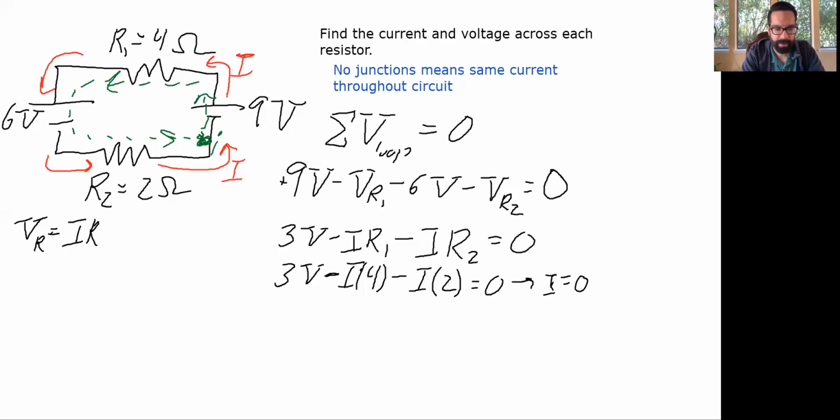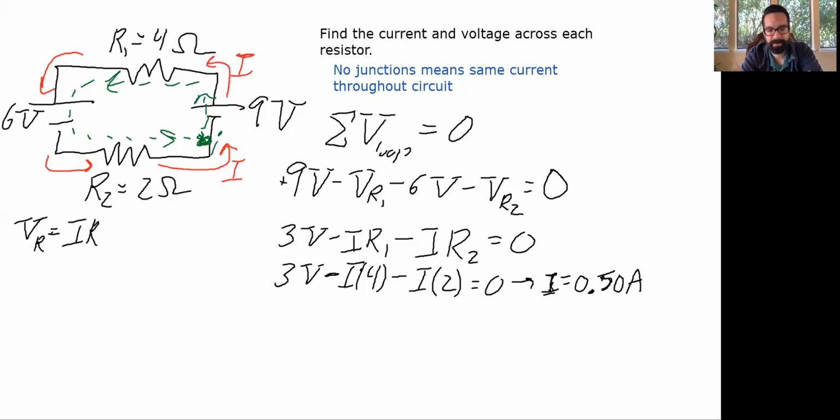Let's say I didn't put my sig figs here. Let's say it's accurate at 2 sig figs. Okay, that's my current. So we found the magnitude of current being 0.5 amps, and that is because, like we said earlier, there's no junctions. That 0.5 amps is going through resistor 1 and resistor 2. So both have the same current.